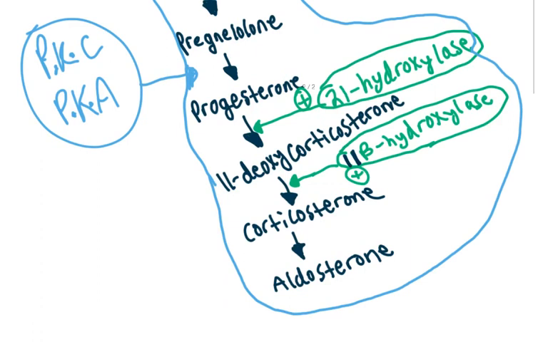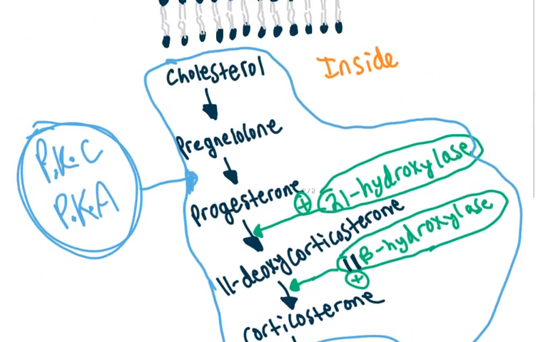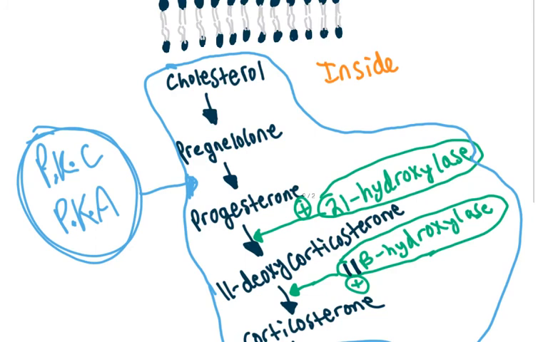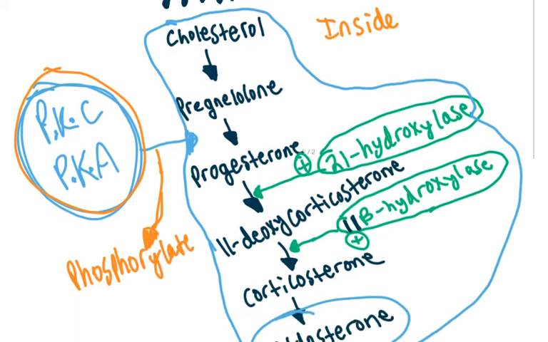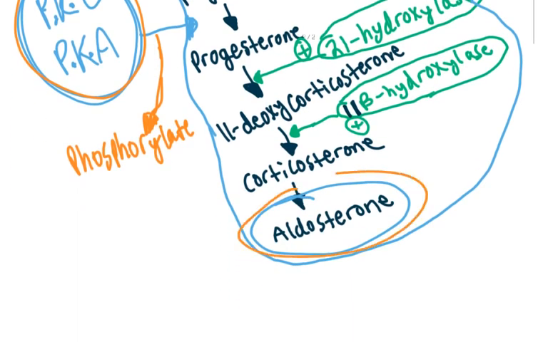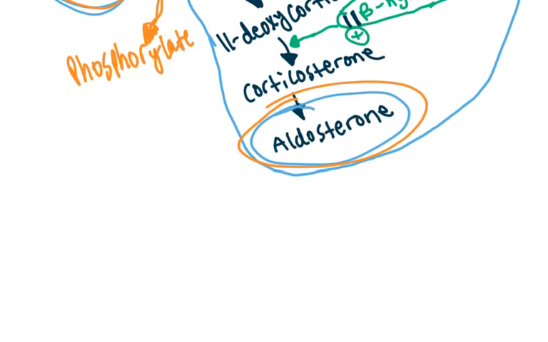That's the point of stimulating protein kinase A, so that it can go phosphorylate these steps and drive the reaction forward so we can end up making our aldosterone.